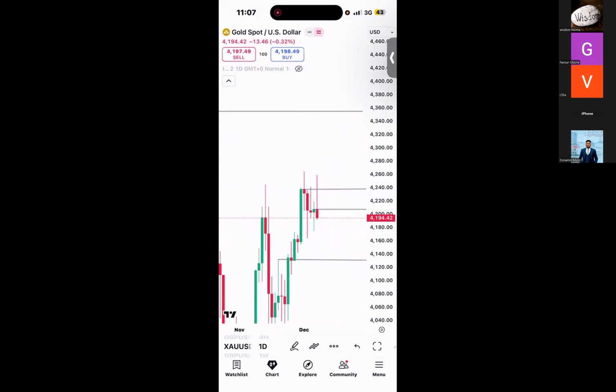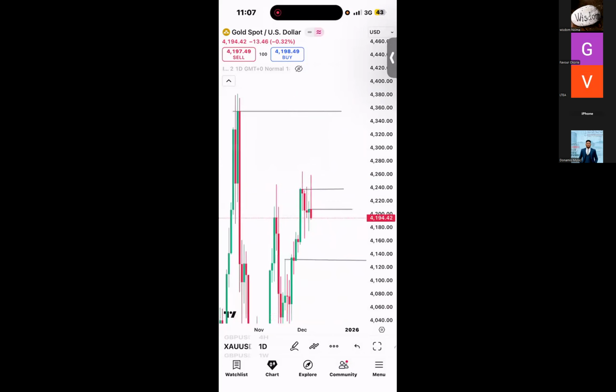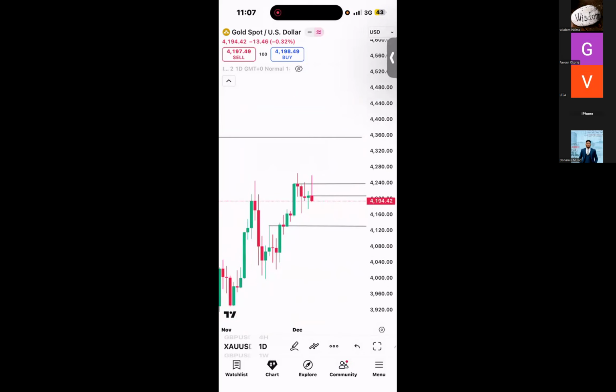So those levels, we are talking about levels, right? You will know if they will hold or not because they are just levels. You mark them out, but you are not the one controlling price.